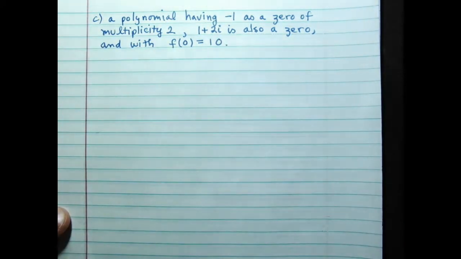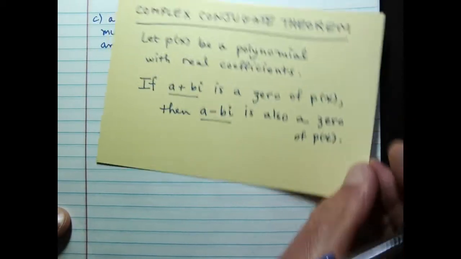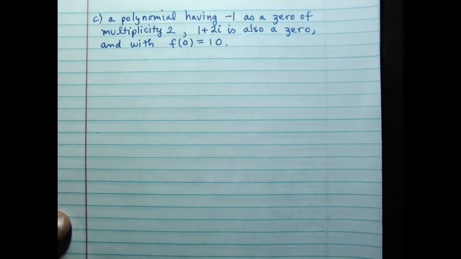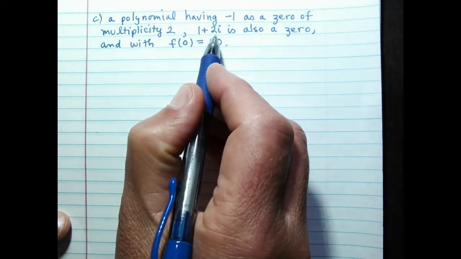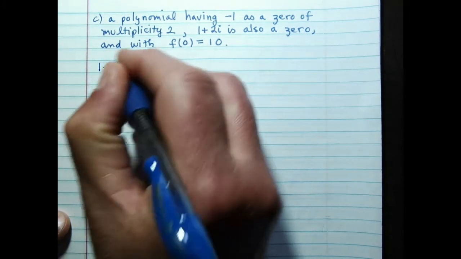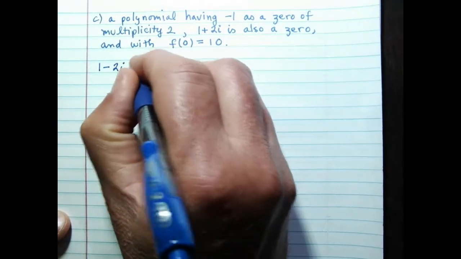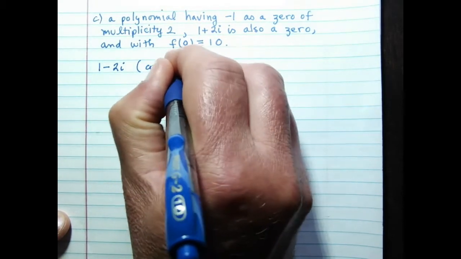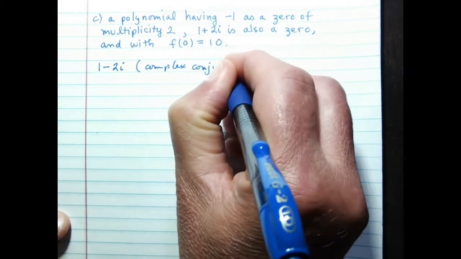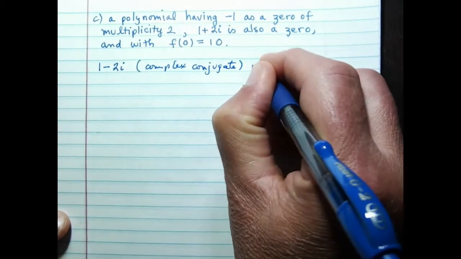So we've got to deal with the complex conjugate theorem here, because if 1 plus 2i is a 0, then 1 minus 2i, the complex conjugate, must also be a 0.